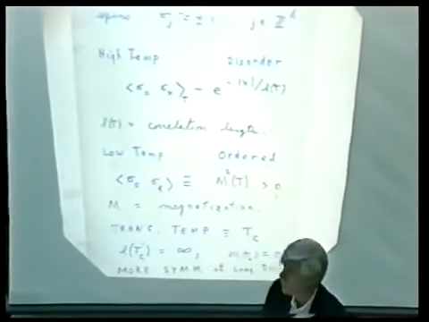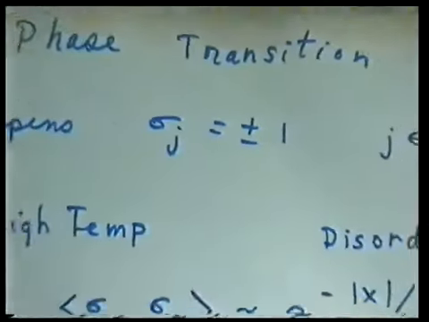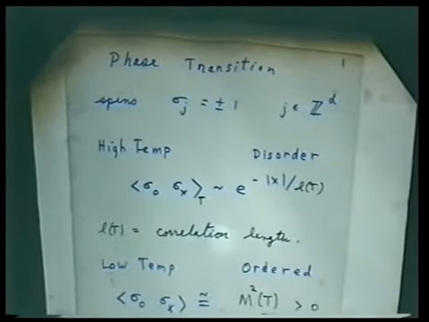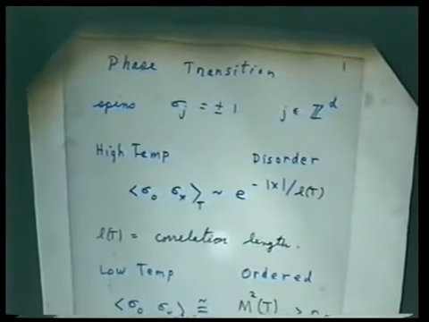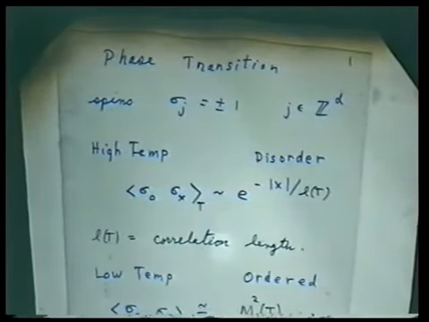Okay, so I will begin very generally with the example of a system of spins, which you can imagine to be plus or minus 1 on a lattice. You can imagine the lattice to be two-dimensional or any dimension, but above 2 is better for these purposes.